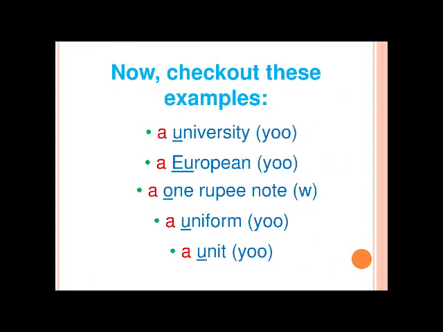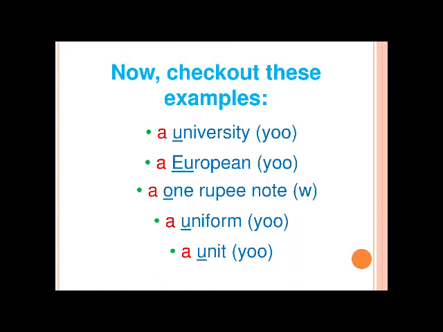Now let's check out some more examples. A university, a European, a 1 rupee note, a uniform, a unit. Now in all of these examples, although these words are beginning with vowel letters, they don't have vowel sounds.